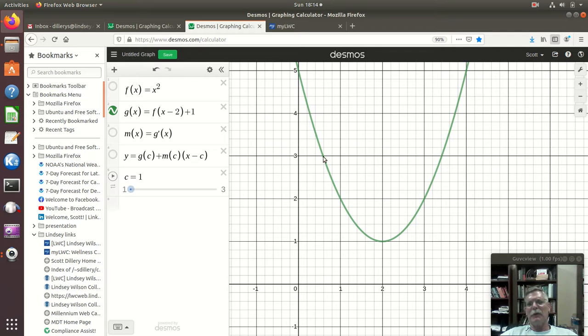And now suppose that this was some sort of cost curve. I'm in business or something like that, and I've made a mathematical model, and I believe somehow my cost is going to follow this function.